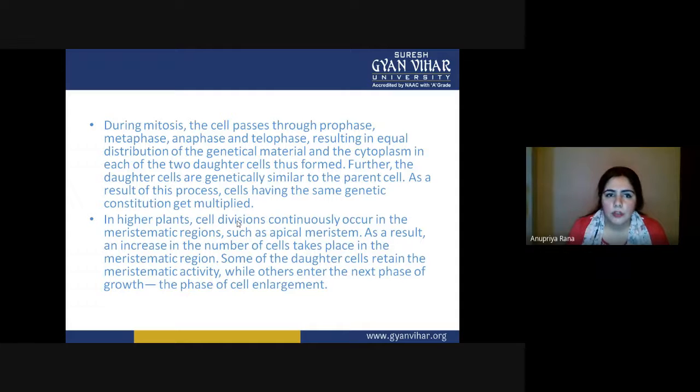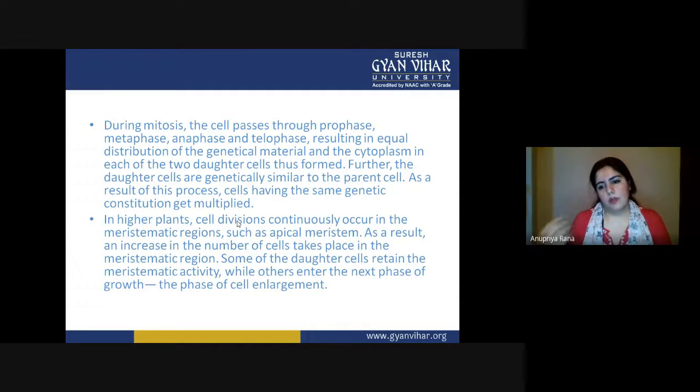After that comes metaphase, when the chromosomes align at the center for the division. Anaphase is the start of the division, and telophase is the ending phase. These four steps are necessary for mitosis, and they give an equal distribution of genetic material.